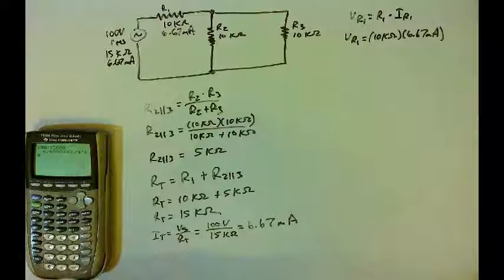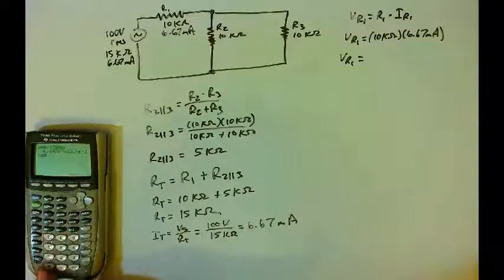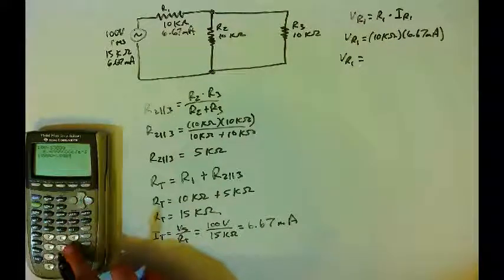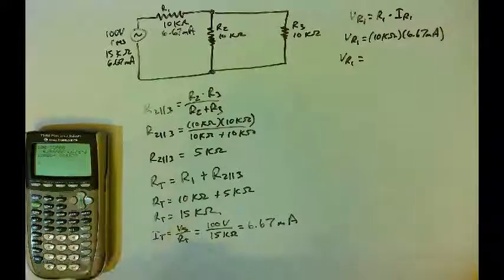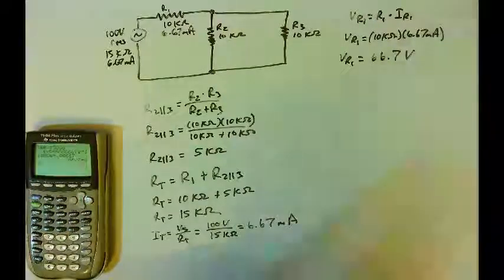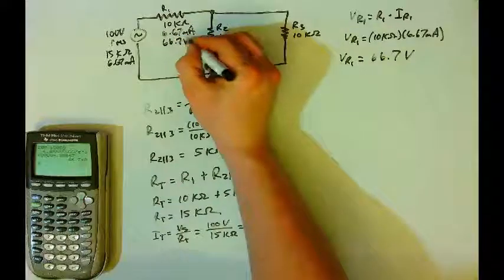And so VR1 will be 10 kilo ohms times 6.67 milliamps. And so the voltage drop is 66.7 volts. Okay, and so voltage drop here is 66.7 volts.